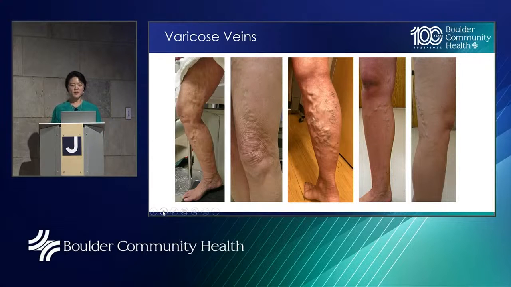I'm sure many of you have seen them walking down Pearl Street or Farmers Market, have noticed them on people's extremities, or may even have them yourselves. They can be unsightly, but most importantly, they can also be medically dangerous. And we're going to talk about some of the dangers that varicose veins can pose to our health.